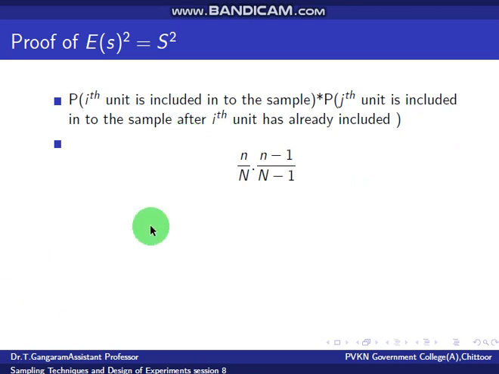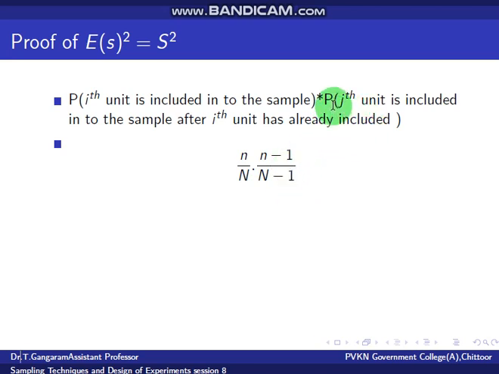We know that probability of ith unit is included into the sample is small n by capital N. If one unit is included, there are n minus 1 sampling units remaining. Similarly, in the population also, capital N minus 1 are remaining.